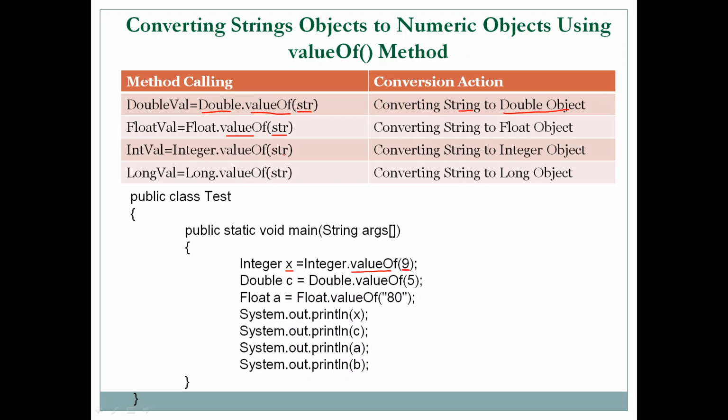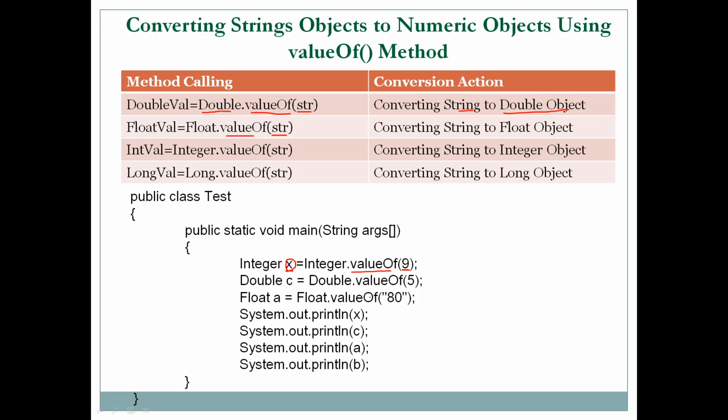So the argument which we pass to valueOf need not be only a string, it can be of any type. In this example you can see I am passing 9. 9 is a primitive type here, and I am converting this primitive 9 into an object Integer. So the valueOf method can be used to convert a primitive type to an object type.